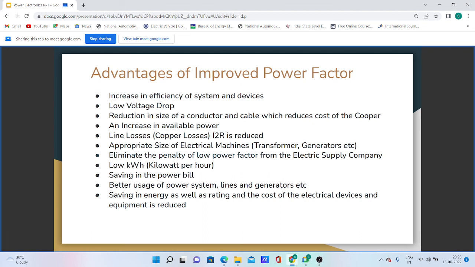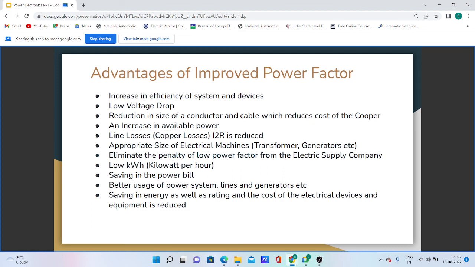Next improvement is lower kilowatt demand charge. Many electric utility companies charge maximum demand based on either the highest registered demand in kilowatts or a percentage of the highest registered demand in kilovolt-amperes.